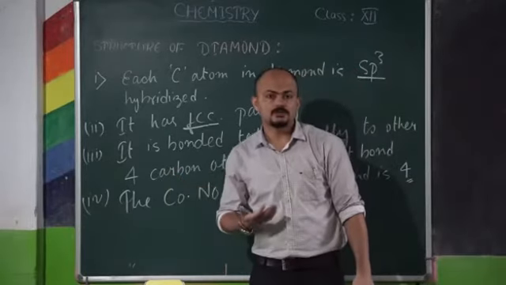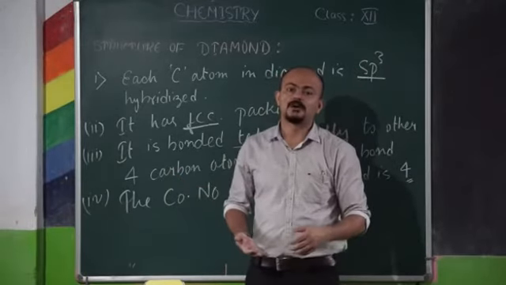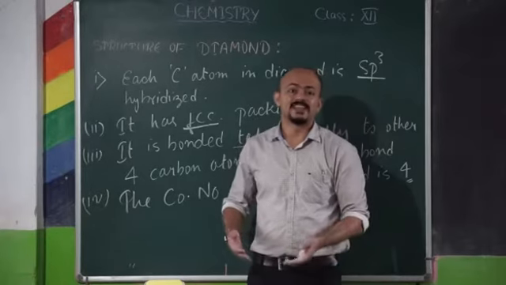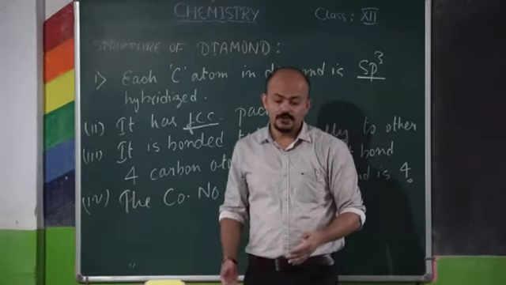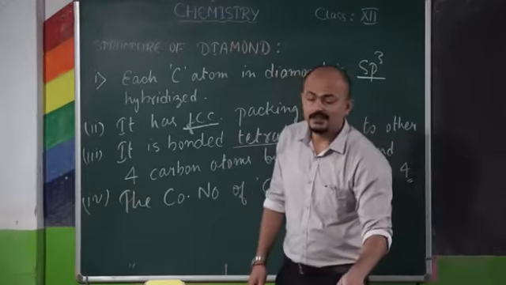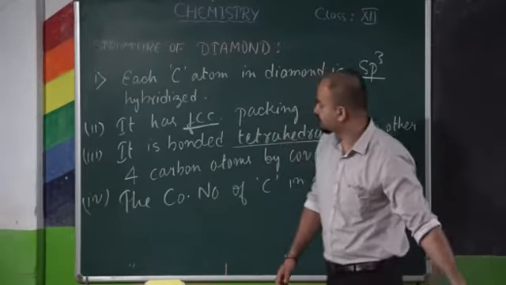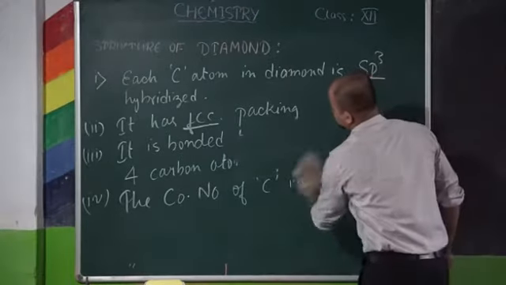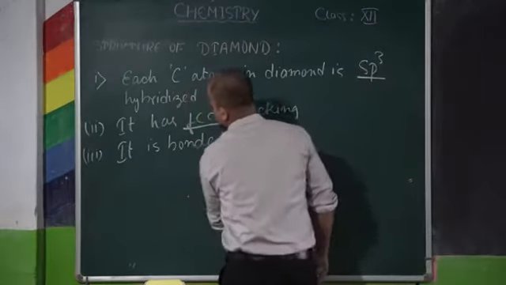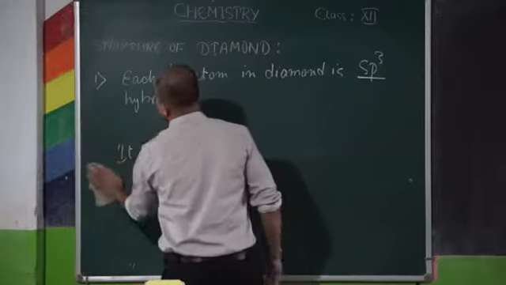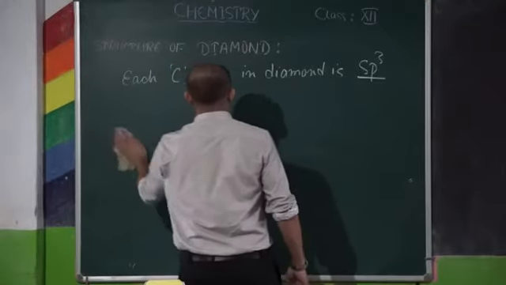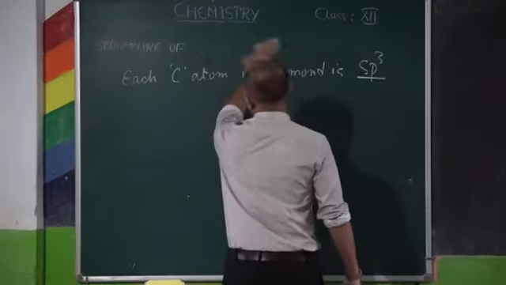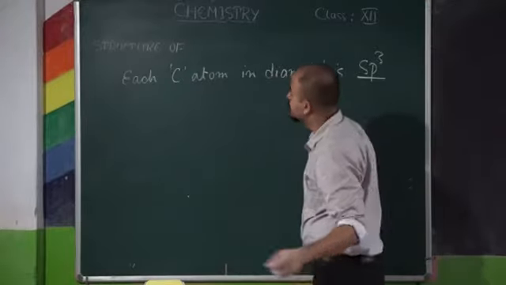Now, since we have discussed diamond, let's discuss the allotrope of carbon, that is the other form of carbon, that is graphite. Now we are going to discuss graphite.